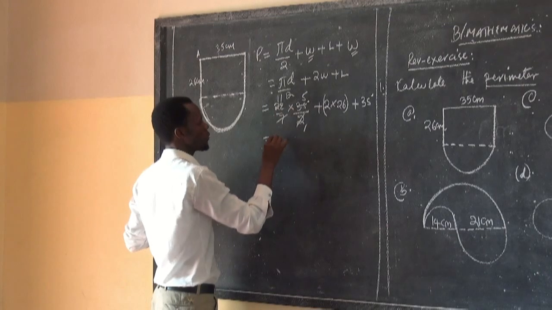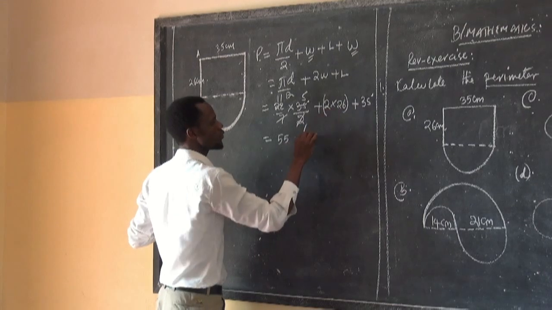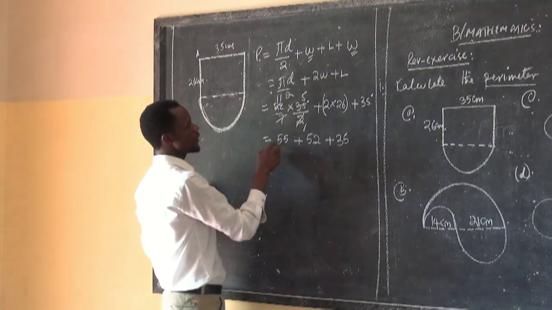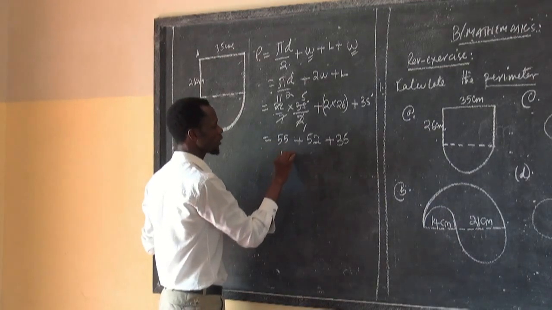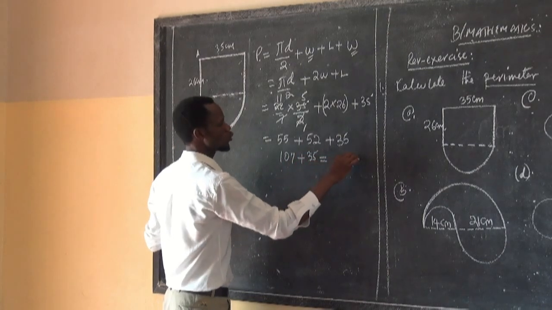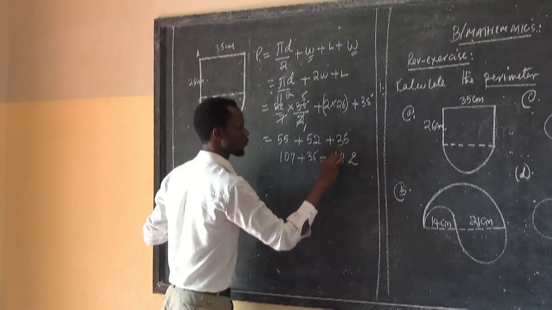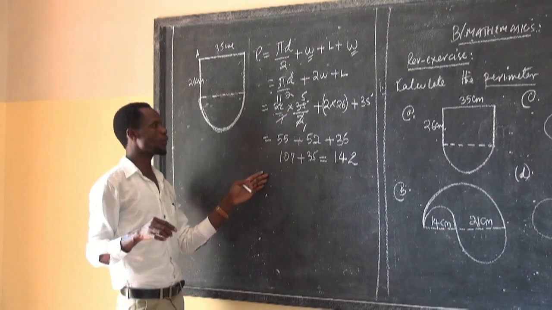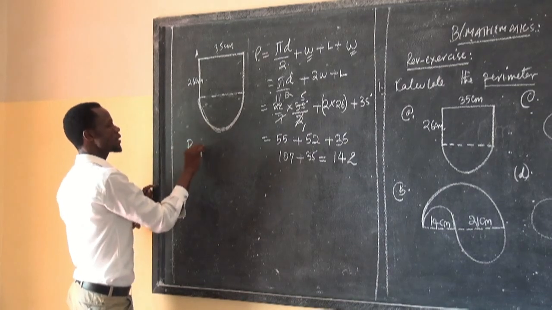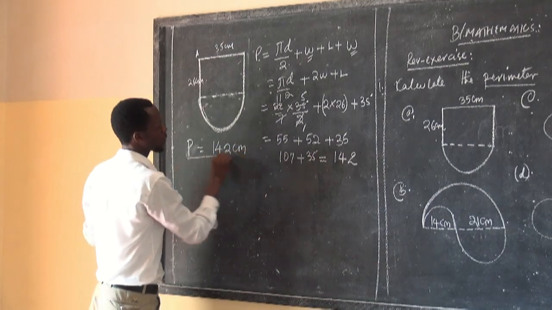Then 11 times 5 is equal to 55. Then plus 52. Then plus 35. Then 107, plus 35, which is equal to 142. So the perimeter is equal to 142 centimeters. This is how we calculate it.